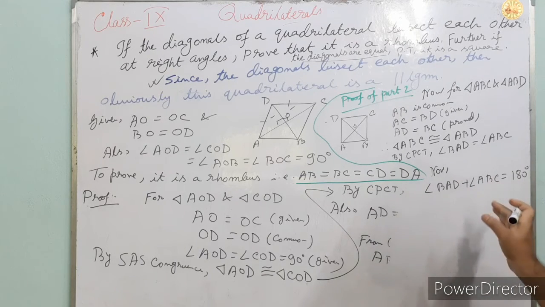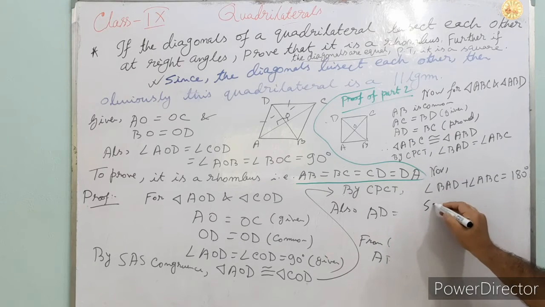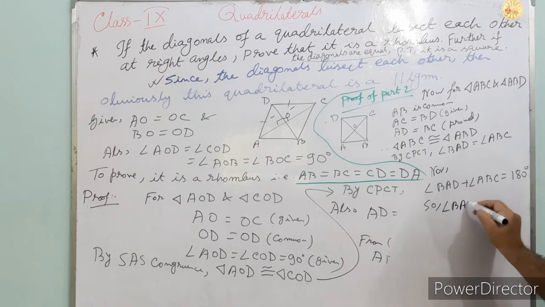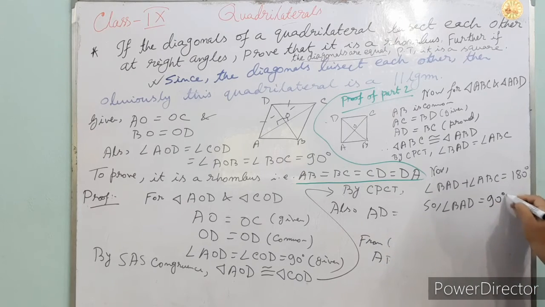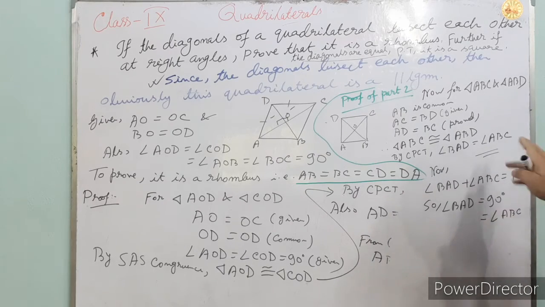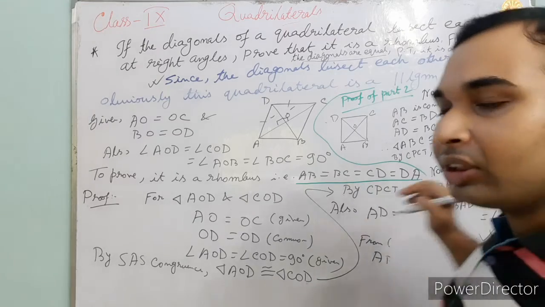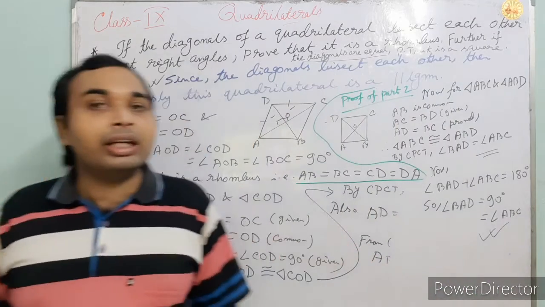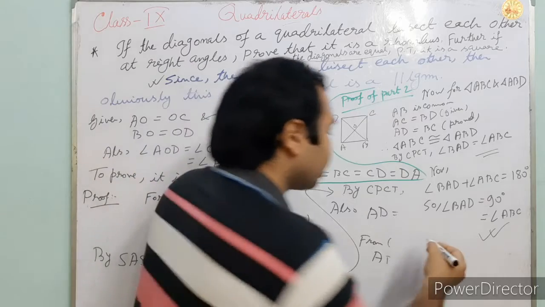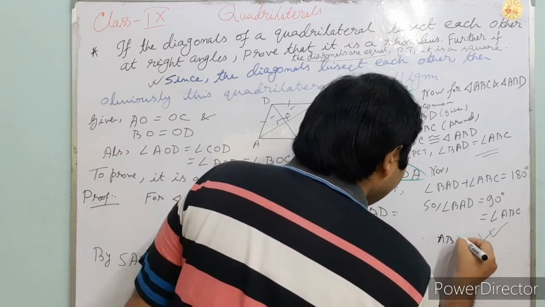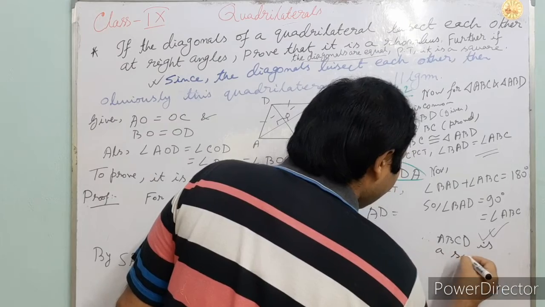This is the rule of the quadrilateral. So angle BAD equals 90 degrees equals angle ABC, because the sum of those two angles is 180 degrees and those two angles are equal, so obviously those are 90 degree angles. Whenever we have proved this is a 90 degree angle, then we can say the quadrilateral is a square. So ABCD is a square.